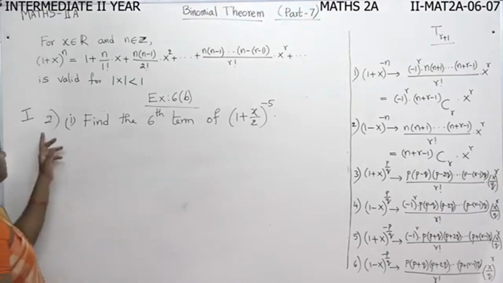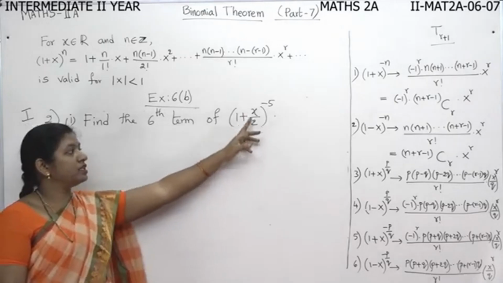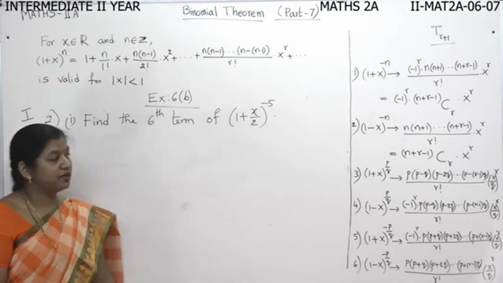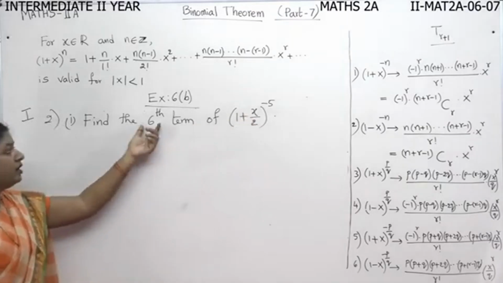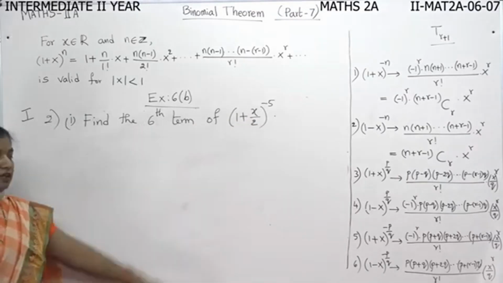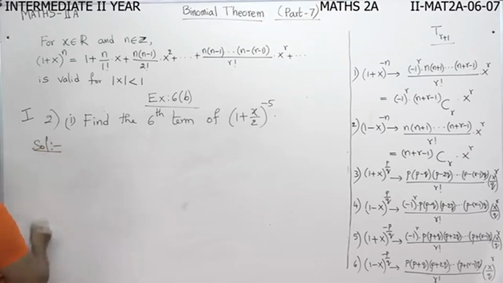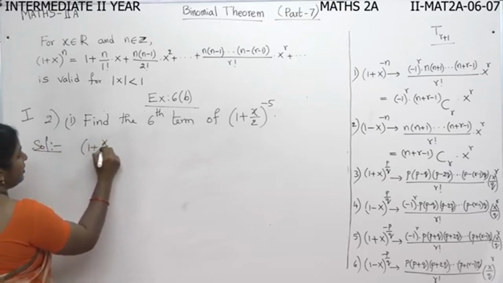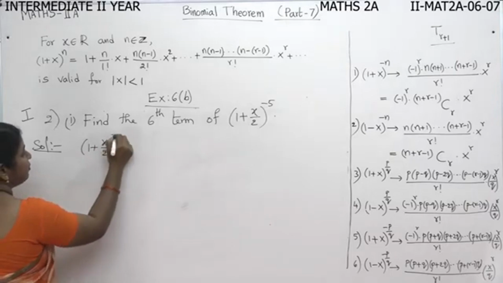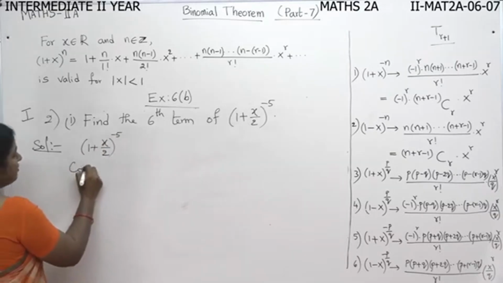Next question is, find the sixth term of 1 plus x by 2 to the power of minus 5. So our given problem is 1 plus x by 2 to the power of minus 5.